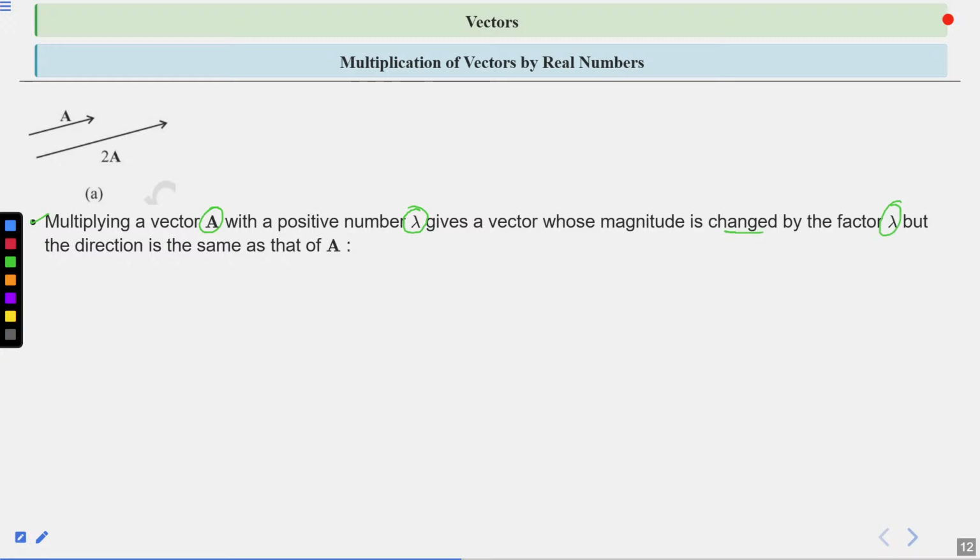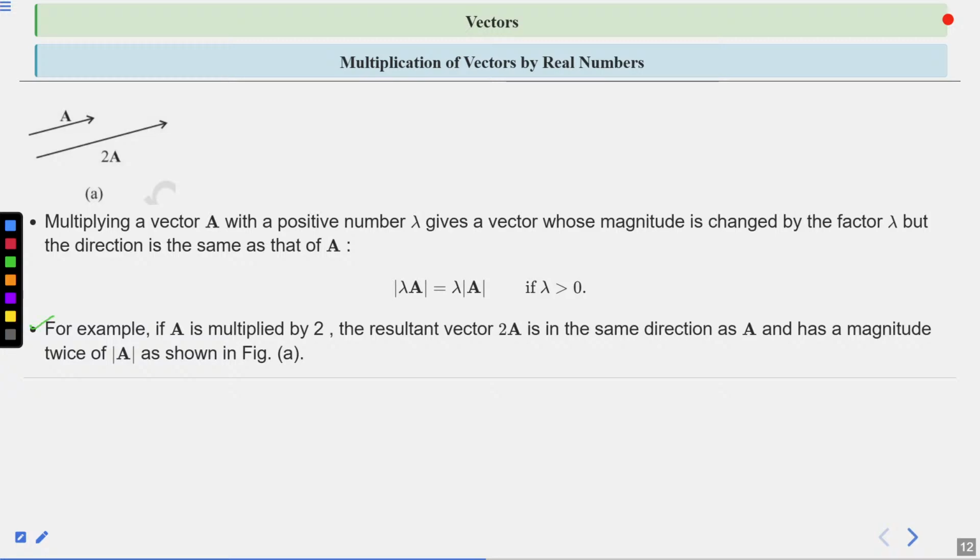Is the direction changed or not? No, the direction is the same as that of vector A. So this is a rule: the magnitude of lambda A vector is equal to lambda times the magnitude of A vector, if lambda is positive.